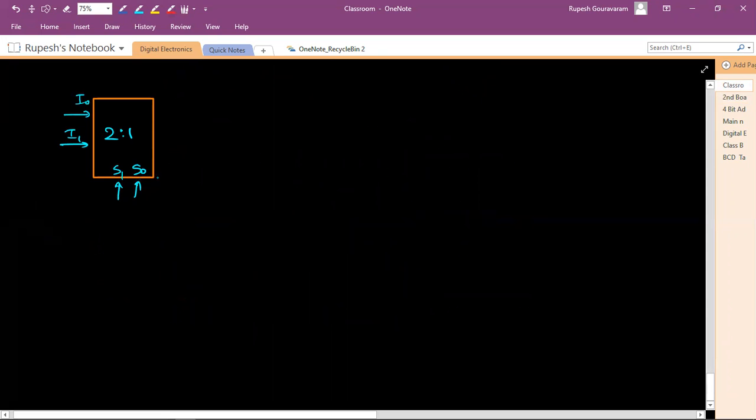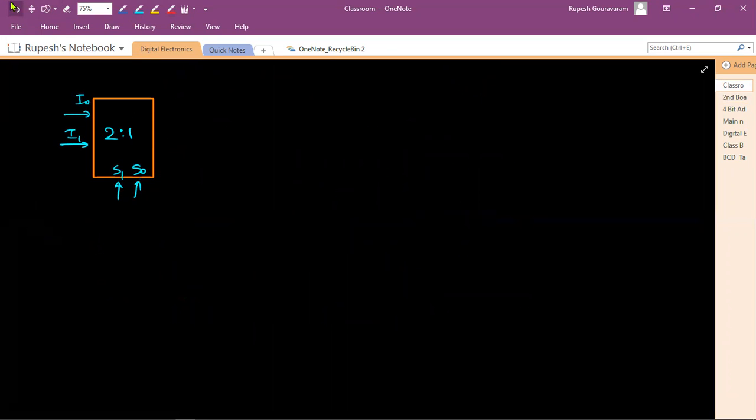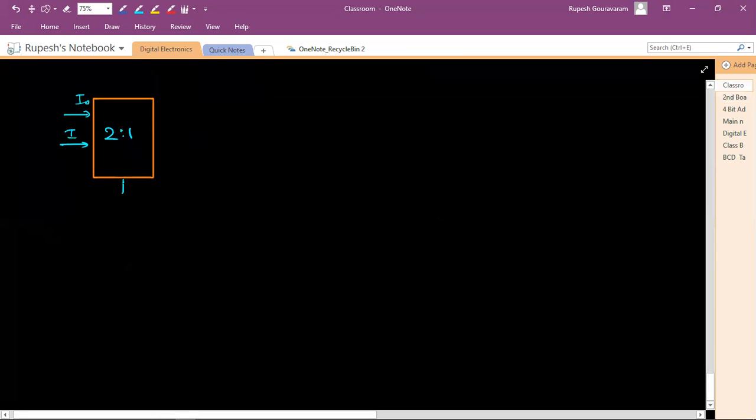For two inputs, there need not be two select lines. One select line is enough. Let us take only one select line, because if S is equal to 0, I0 is selected. If S is equal to 1, I1 is selected. Now how can I write F? F is M0 I0 plus M1 I1. M0 is S dash and M1 is S.